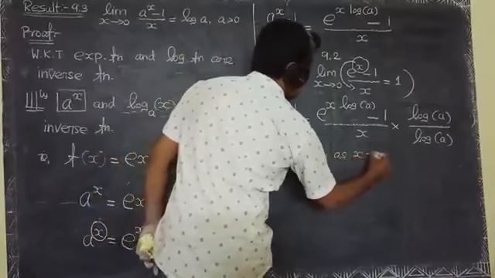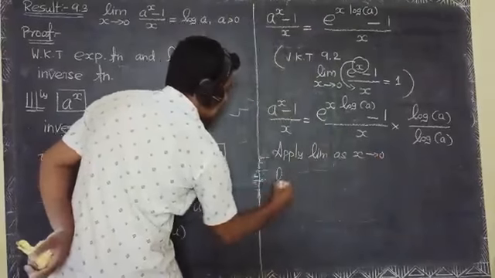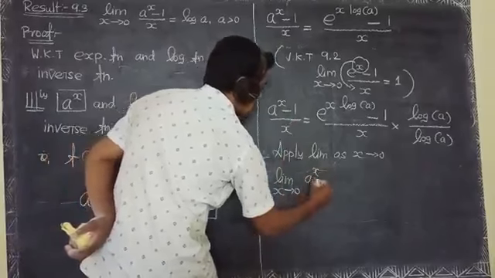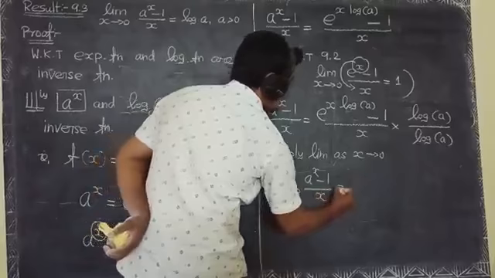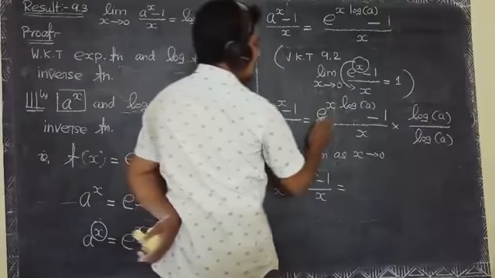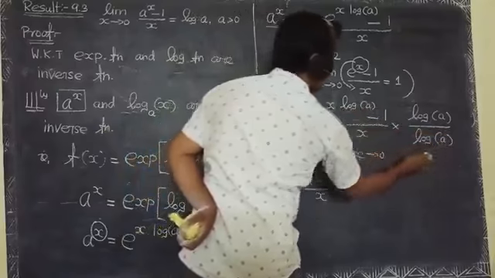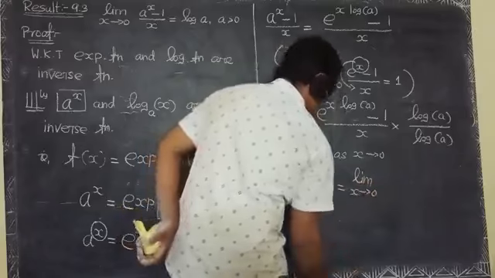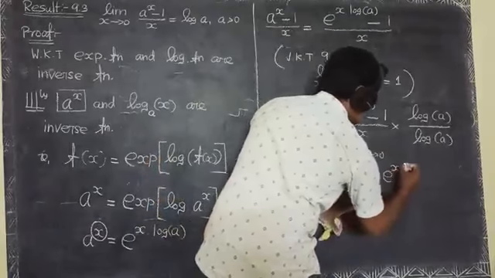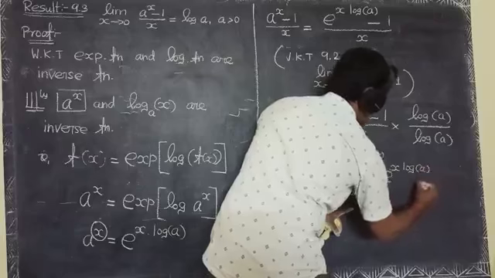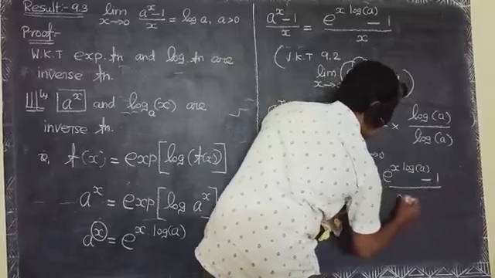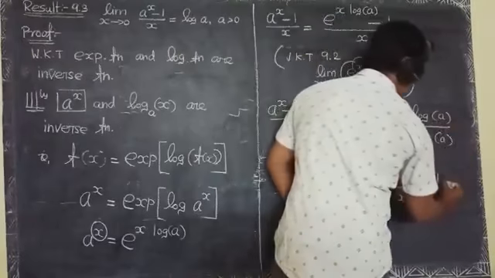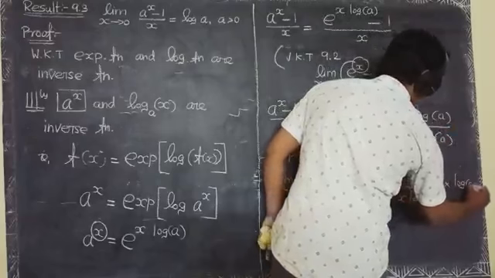As x approaches 0, the limit of a power x minus 1 divided by x is equal to e power x log a minus 1 divided by x into log a. Group the limit x approaches 0 of e power x log a minus 1 divided by x log a, into log a.